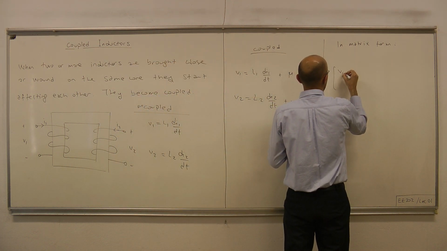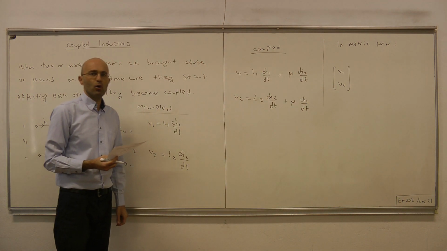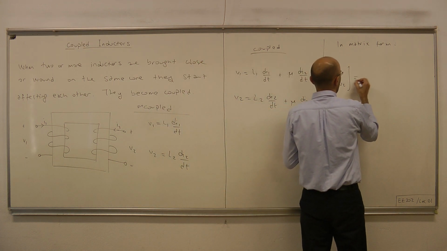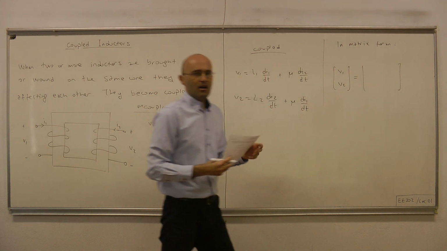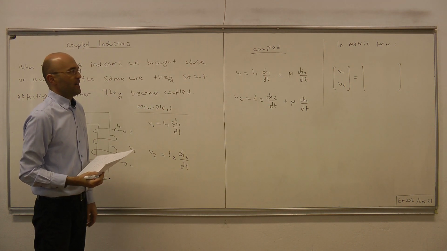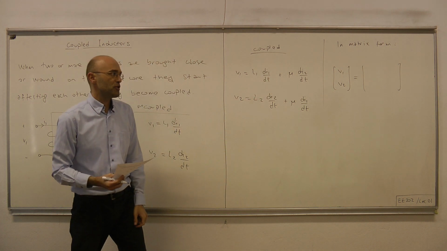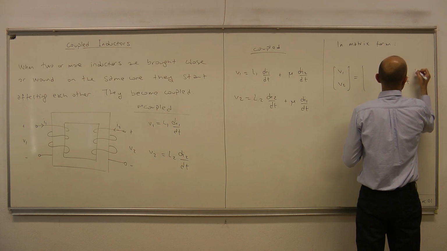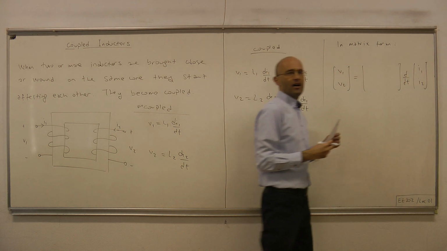To obtain matrix form, we stack the voltages and obtain our voltage vector. And then we stack our currents and obtain the current vector. Note that the currents appear through their rates of change. Therefore, what we have is d/dt, the time derivative of the current vector I1, I2.